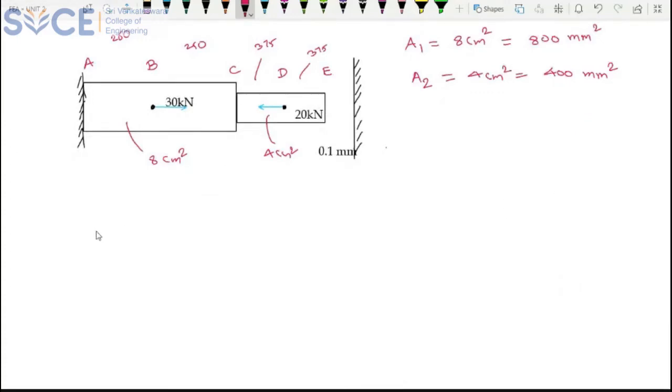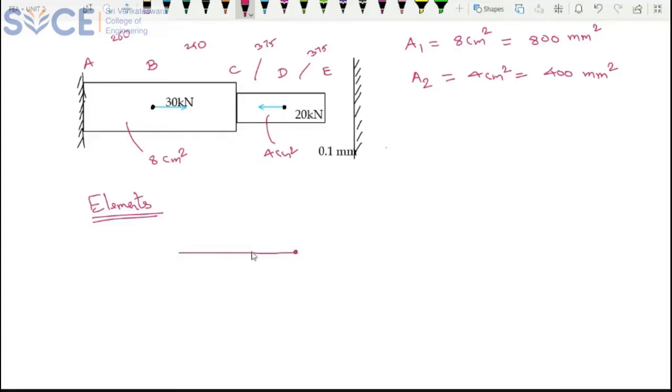The first thing is to split this into elements. How many elements do you have here? Four elements, sir. Yes, we can split this into 4 elements.